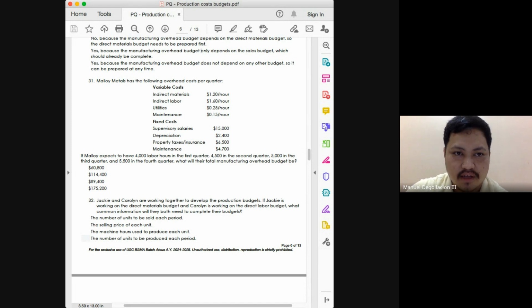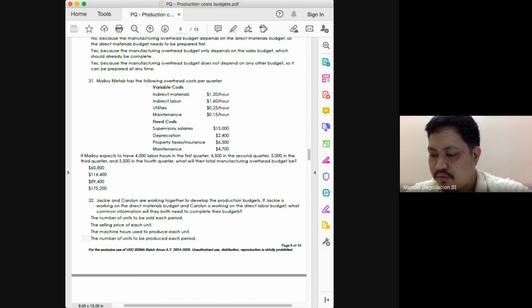Then let's add our total variable cost per hour, which we'll multiply with 19,000 later on. 1.2 for your indirect materials, 1.6 for indirect labor, utilities of 0.25, and maintenance of 0.15, which will give you a total of 3.2.